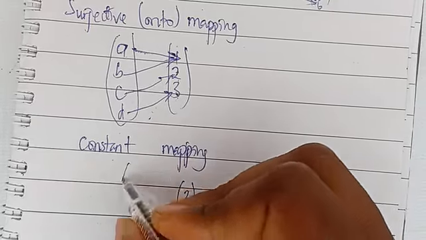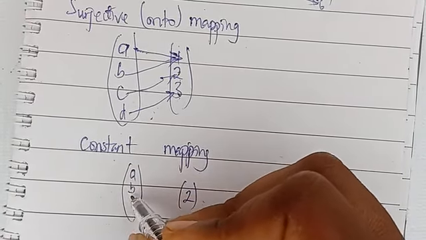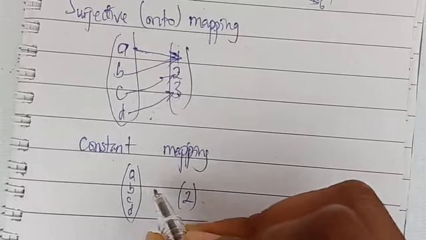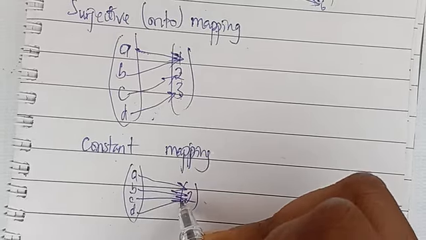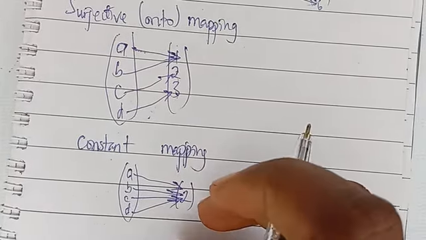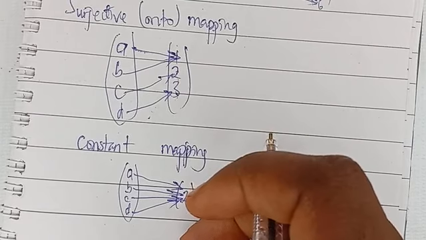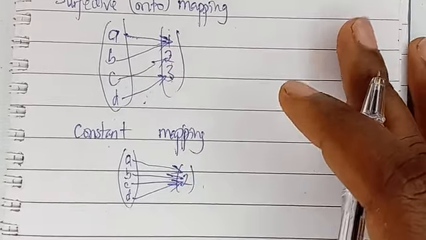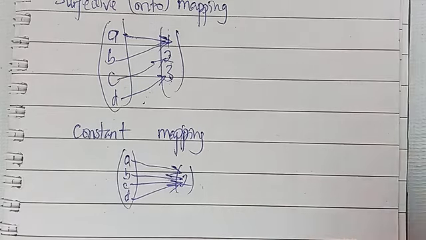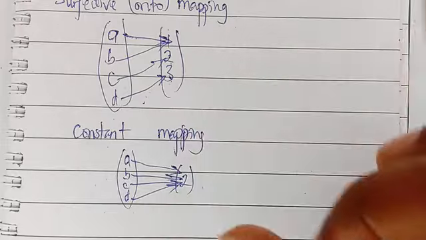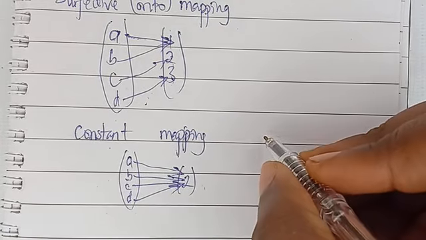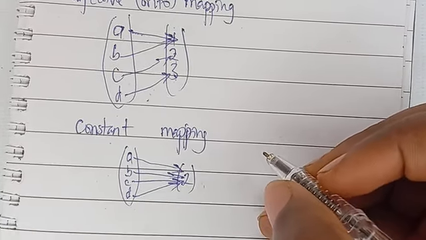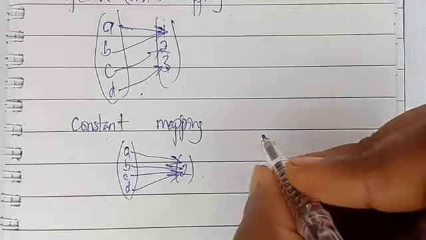Let's say 2, for example, and then every element, I'm just using A, B, C, D always, is mapped to that singular member of the codomain set. So the range has just one element. The codomain just has one element in constant mapping. They are all mapped to just one value. Then we also have identity mapping.